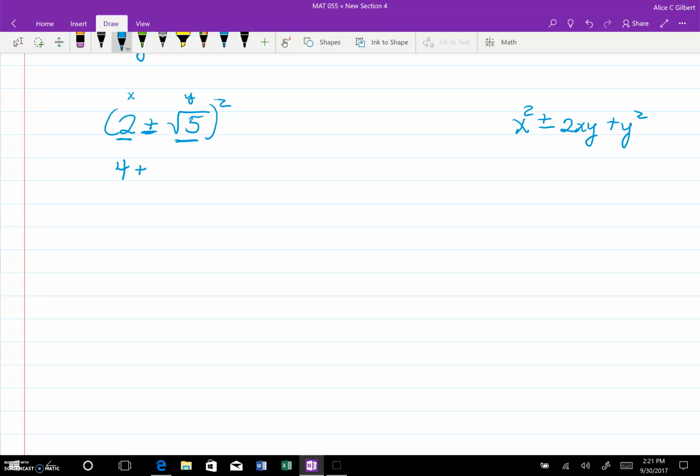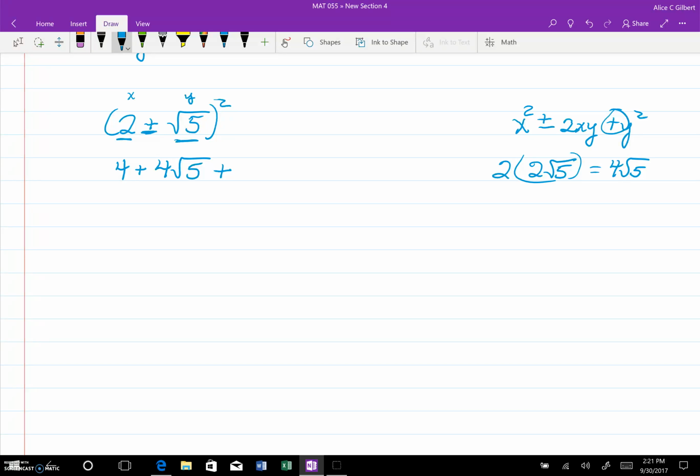Then plus, because this guy's plus, and then 2 times x times y. Well, the square root of 5 times 2 is 2 times the square root of 5, and then I multiply that times 2. That just equals 4 times the square root of 5. Then my next sign is positive, because in a perfect square trinomial, that second sign is always positive.